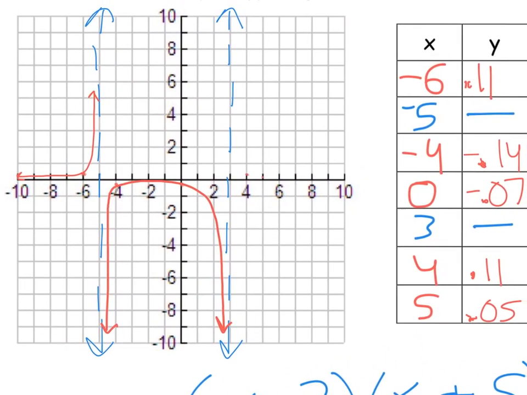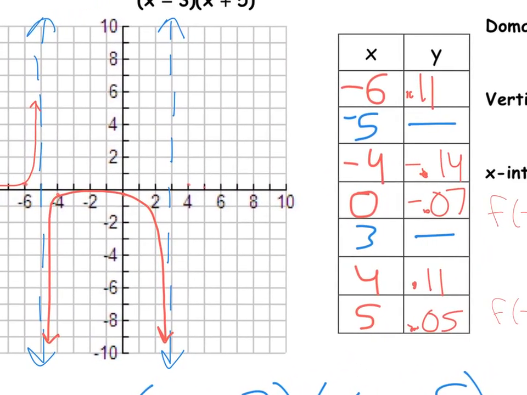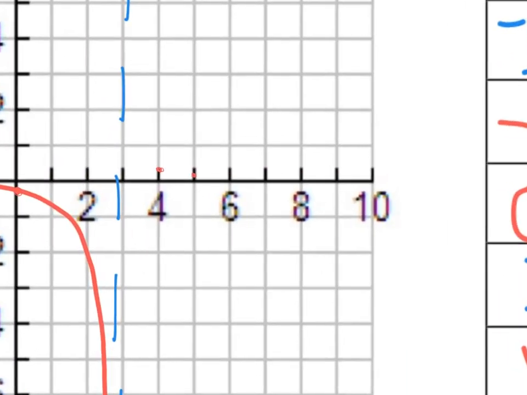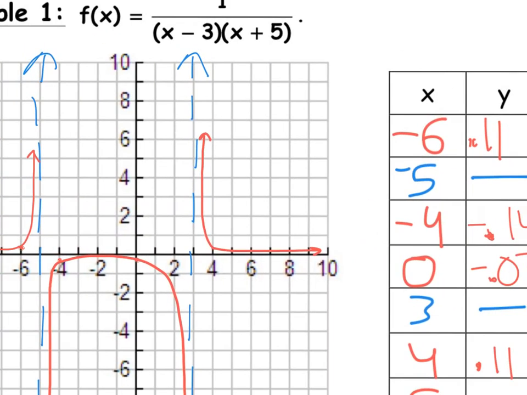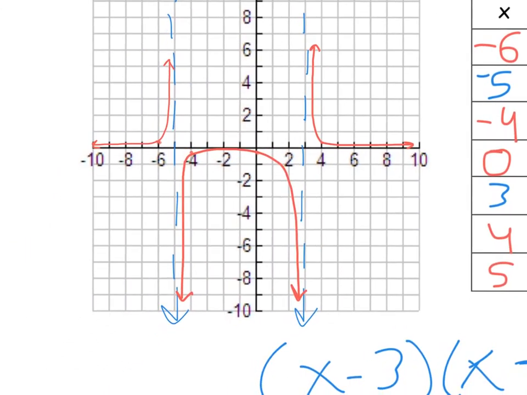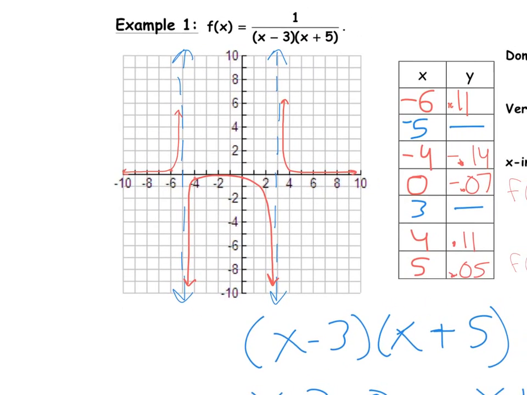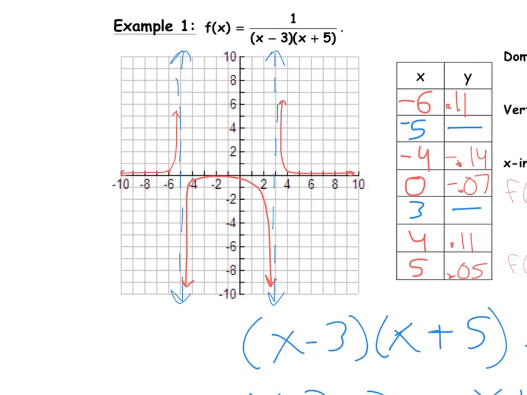And now we do the same thing to the right of the vertical asymptote at x equals 3. When we plugged in 4 and 5, we got positive numbers, and so that means my graph is going to do something like this, where we're going to follow the asymptote and then stay above the axis, hitting the points that we plotted earlier.